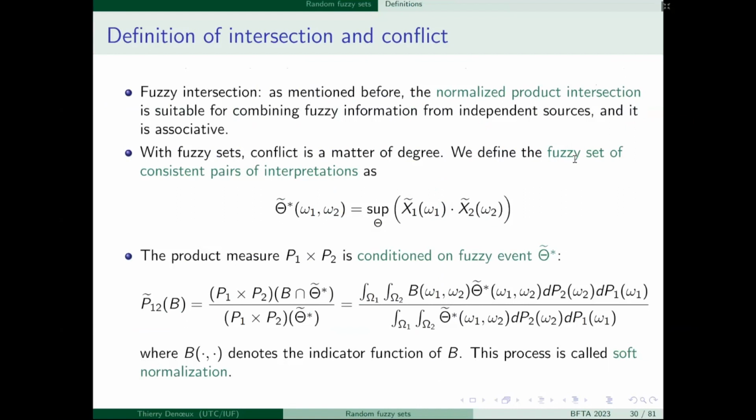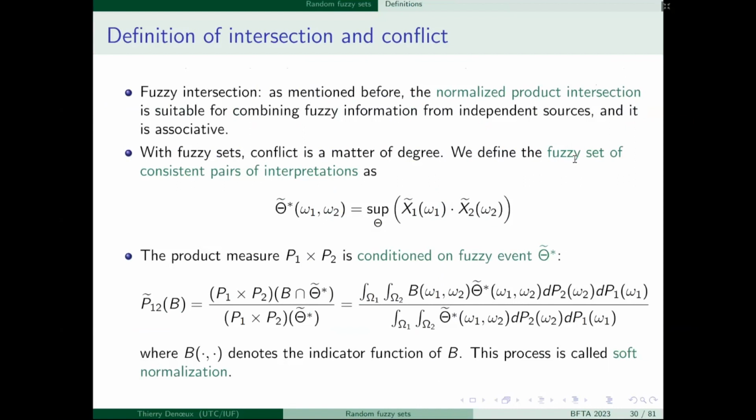You see here, for example, you have one case where you have some conflict because the height of the intersection is not equal to 1. If one fuzzy set is like this, and the other one is like this, here the height of the intersection is 1. You can say there's no conflict. It's common in fuzzy set theory to measure the conflict by 1 minus the height of the intersection.